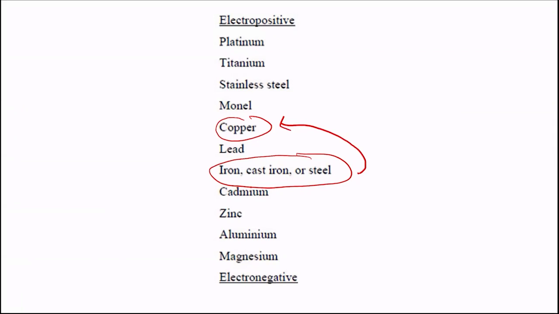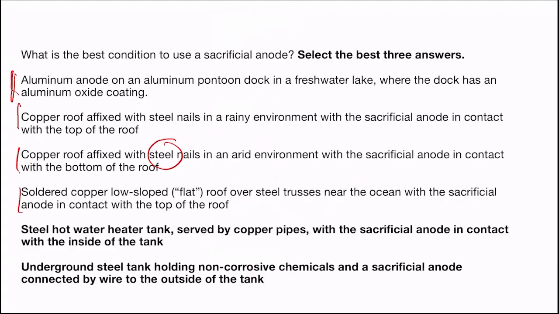And we can't realistically attach a sacrificial anode to each steel fastener. There are thousands on a roof. We could theoretically put one on the roof, but it wouldn't really help with the steel fastener. We need to use zinc, aluminum, or magnesium and attach it to the steel like we did with the ship, but that's impossible when you have steel fasteners and a copper roof.